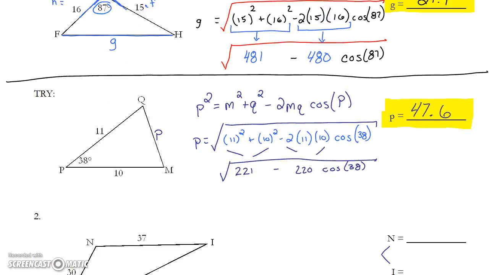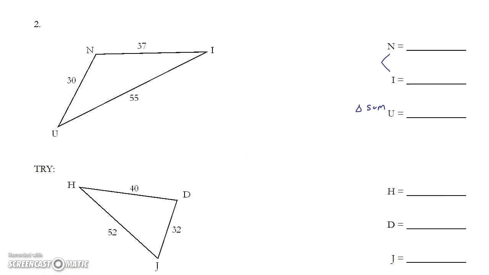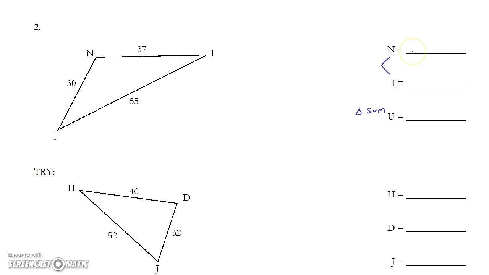So in this particular example, I know I'm solving for angle N. I'm going to say that the cosine of that angle, N, is equal to the side opposite is the side that's always negative. I'm always going to have my 3 sides, which is n squared, I squared, and u squared in my numerator. 2 of them are positive, 1's negative.